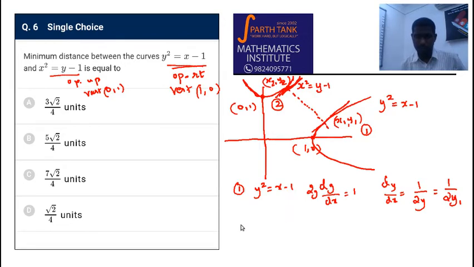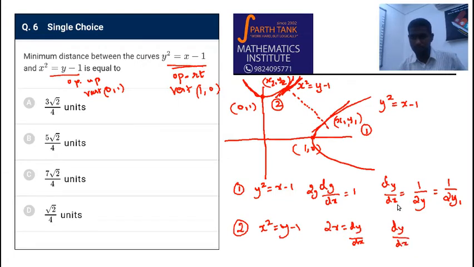Let us go to the other curve. x squared is y minus 1. Differentiate this, you get 2x is dy by dx. And the slope at the point x2, y2, which is on this curve, this is curve 1, this curve 2, would be therefore dy by dx of 2x2.